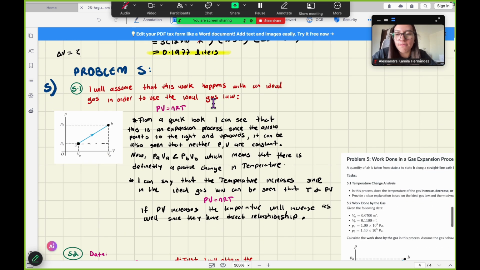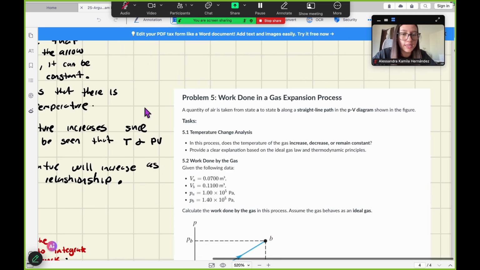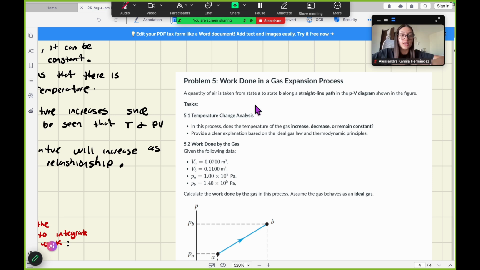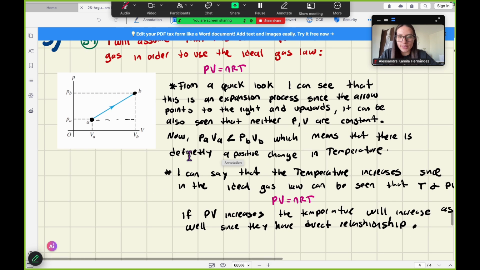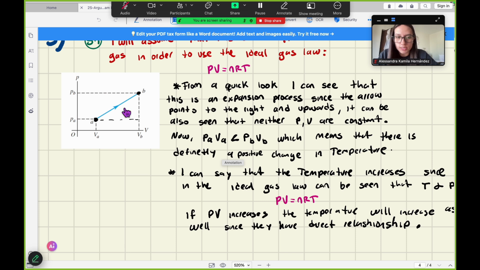Now, problem 5 is about work done in a gas expansion process. But firstly, it's asking me, how does the temperature change in this diagram? From a quick look, I can see that this is an expansion process since the arrow points upwards and to the right.